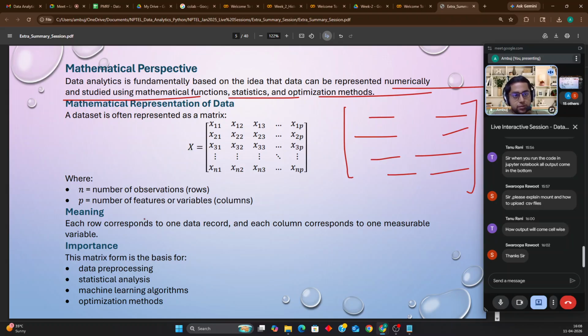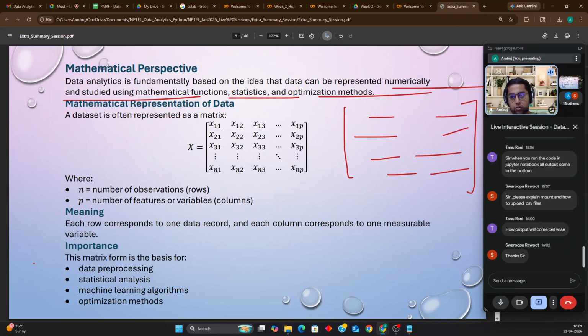Computer doesn't understand anything except a well-structured matrix. It is analyzing the trends, doing everything in binary language only, zeros and ones. That is why it is written that the data set is often represented as a matrix. Here n is the number of observations, which is rows, and t is the number of columns. Meaning each row corresponds to one data record.